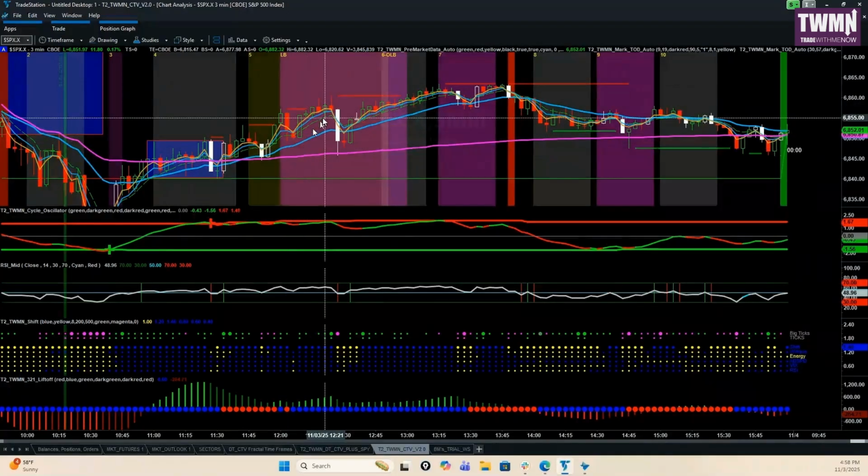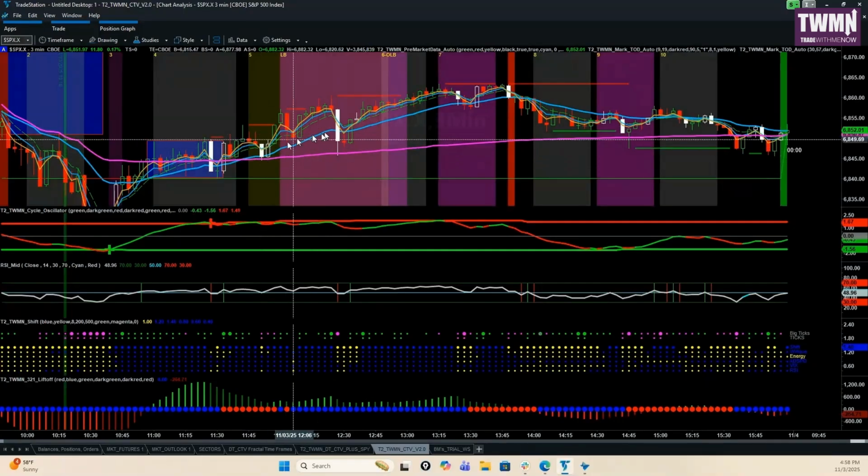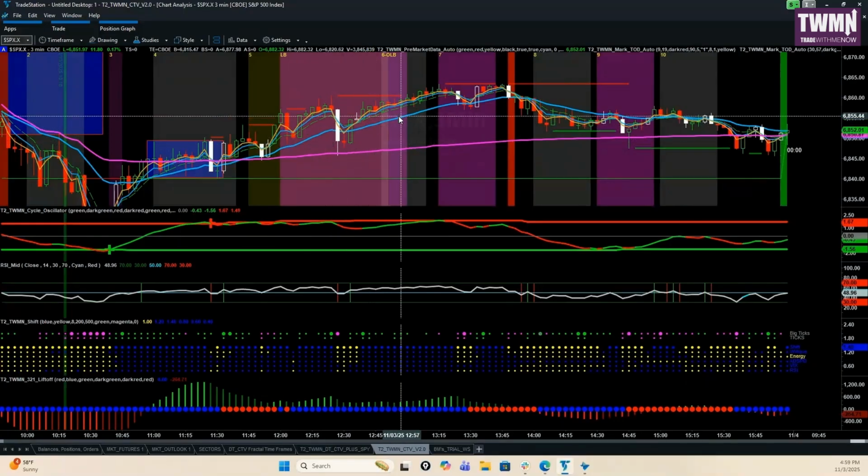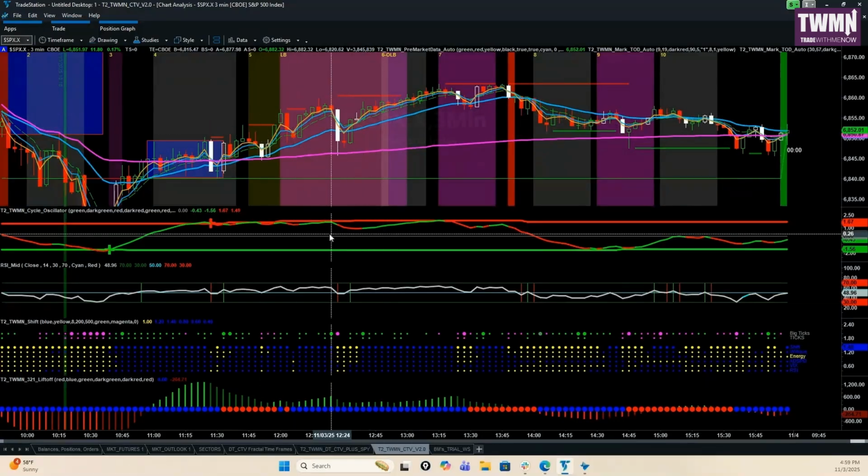I'll use the 20 simple of the Bollinger Bands, turn it whatever color I want, and make it a little bit thicker, or maybe dashed, and use that as my mean, because I usually don't like to have the 20 simple and the 20 exponential together, because they're almost the same. They tend to get butted up against each other and can cause some confusion about which one is which. So I just don't deal with that.